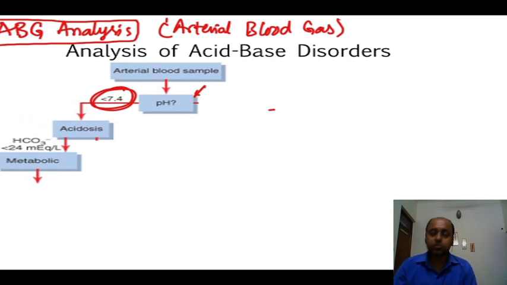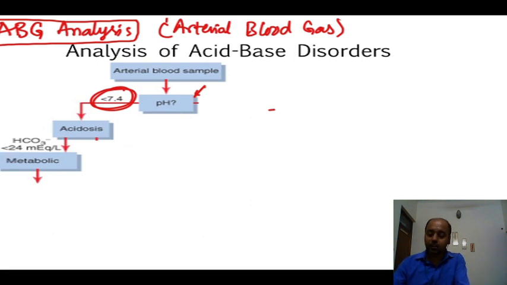When we're talking about acidosis, there are two possibilities: either the acidosis is due to the bicarbonate values or it is due to the pCO2 values. If it is due to the bicarbonate values, meaning the concentration is less than 24, or rather 22 milliequivalent, we say that it is metabolic acidosis.